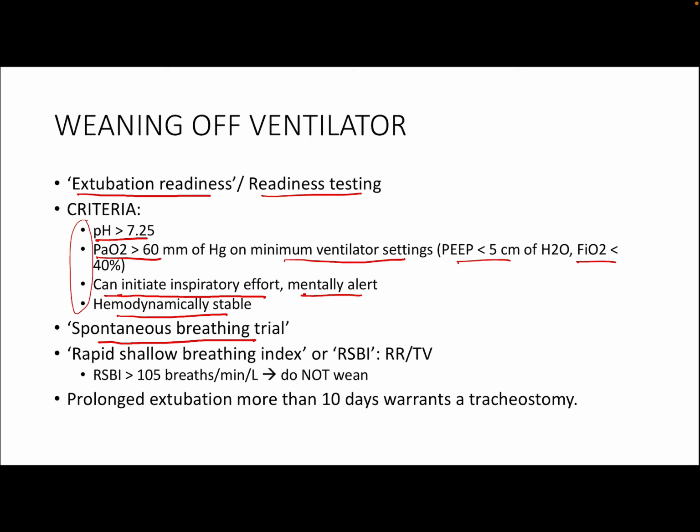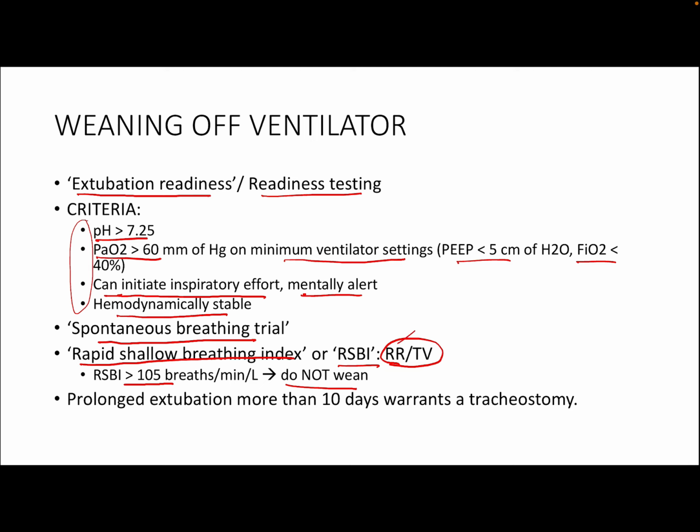A second index that we look at is called the Rapid Shallow Breathing Index, or RSBI. That is just the respiratory rate divided by the tidal volume. If the RSBI is greater than 105, it means you should not wean the patient. If the RSBI is too high, the patient is taking very rapid shallow breaths.